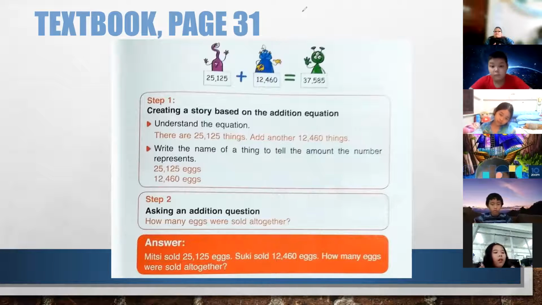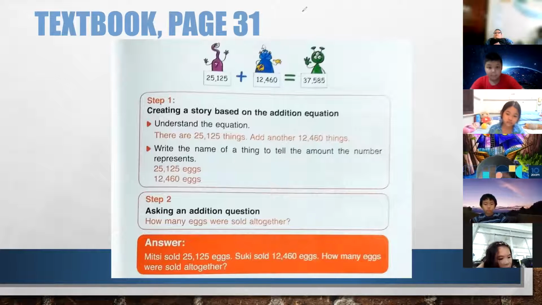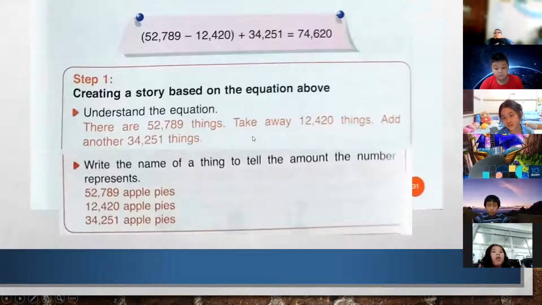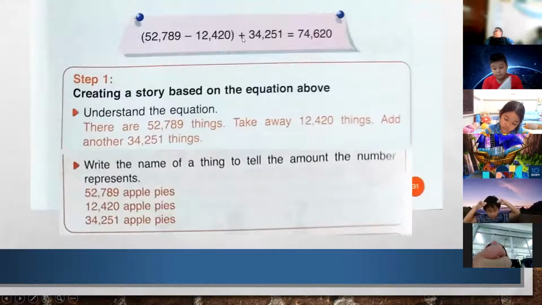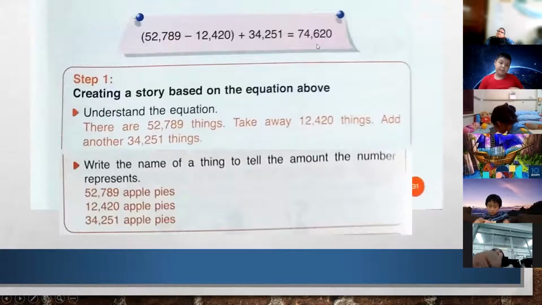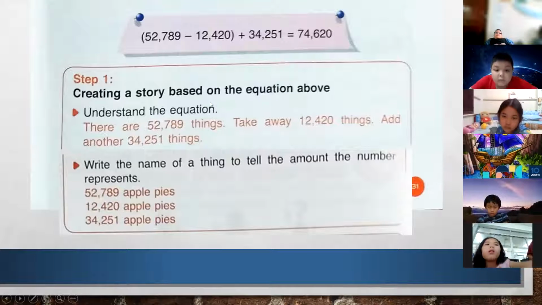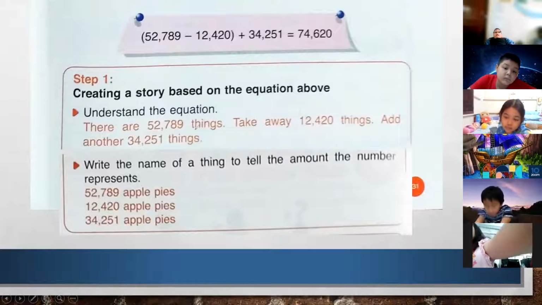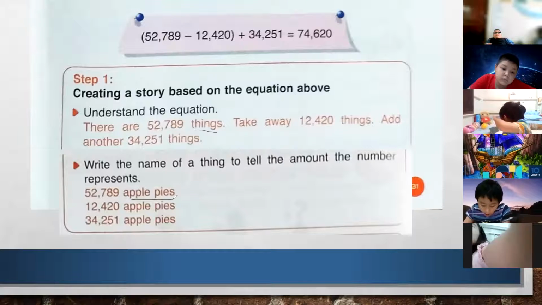Now let's try another example. The second example is 52,789 minus 12,420, in brackets, plus 34,251 equals 74,620. Look, the name of the things that is used here is apple pies.